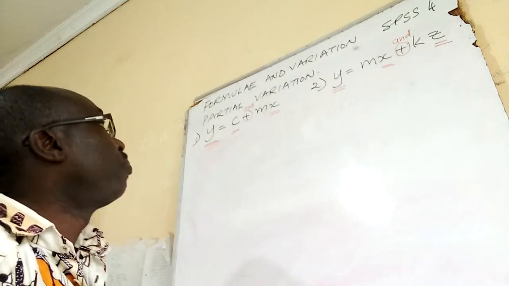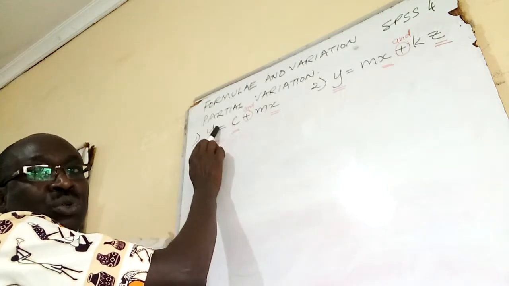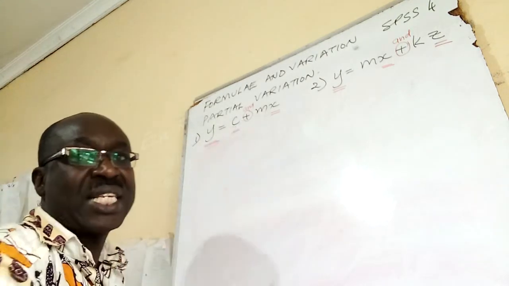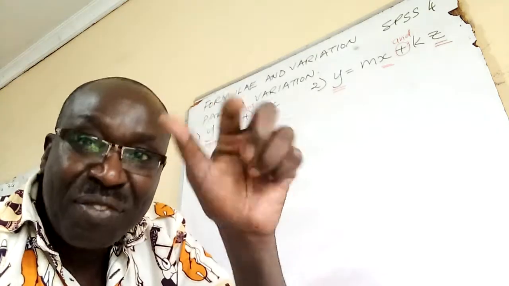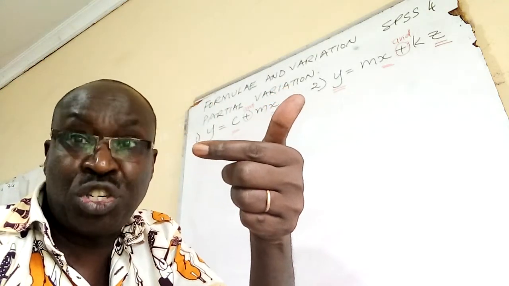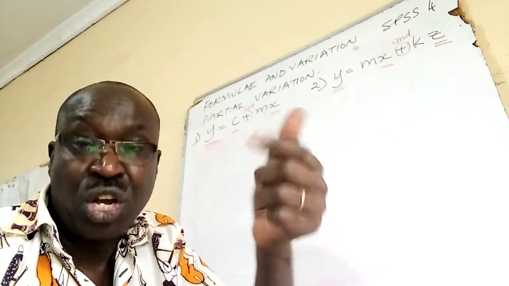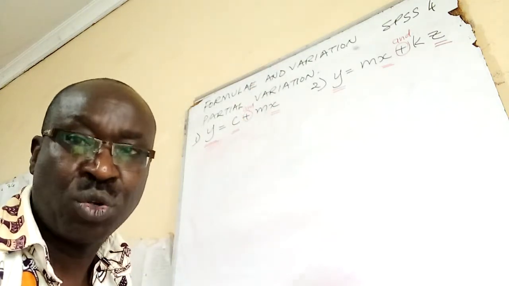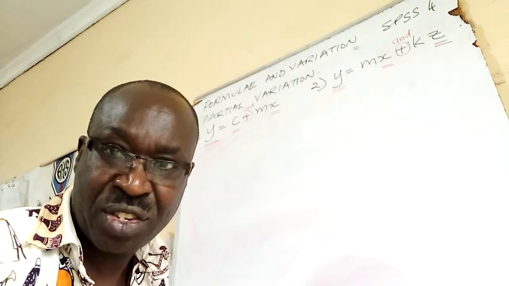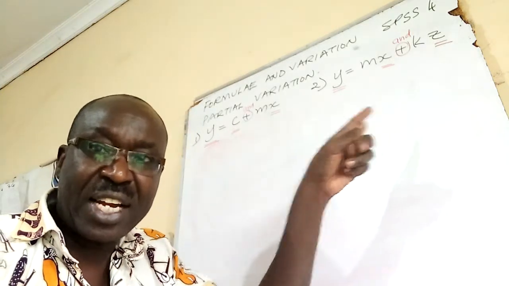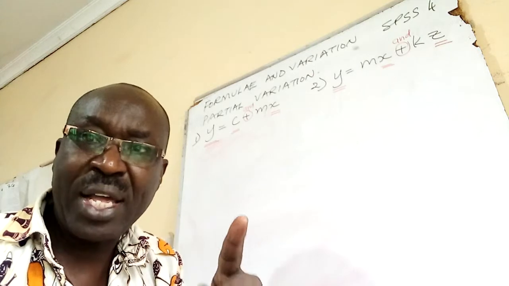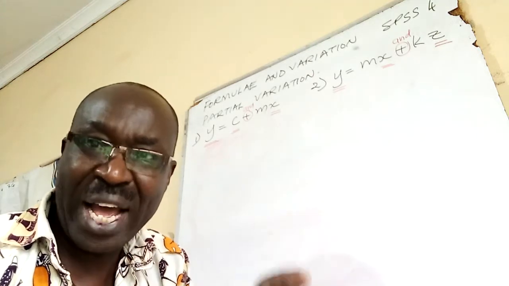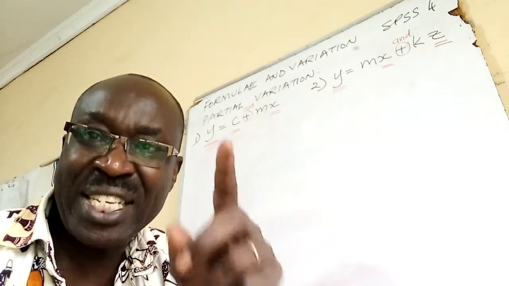I've written them. y is equal to mx plus c. I have just changed the position of c and mx to suit my explanation, so y is equal to c plus mx. The second form is y is equal to mx plus kz.